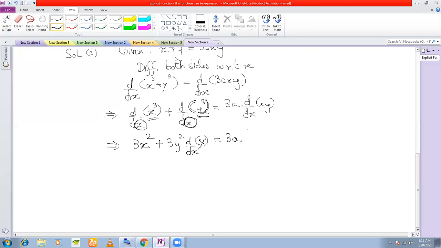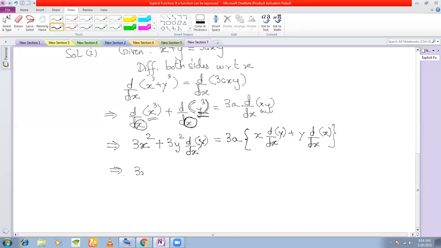So this is into 3a, and here you differentiate this by u into v rule. That is, this is your u, this is your v. So x, first function, ddx of y plus y ddx of x.